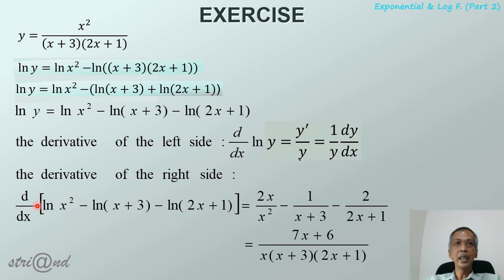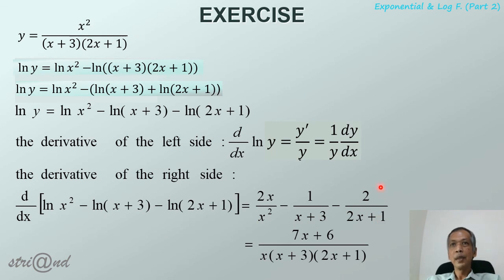So when it is applied here, the first derivative of this function with respect to x is 2x divided by x squared. And then for this one, the derivative is the derivative of x plus 3, which is 1, divided by x plus 3. And then the same thing is applied here, 2x plus 1. So the derivative is 2 divided by 2x plus 1.